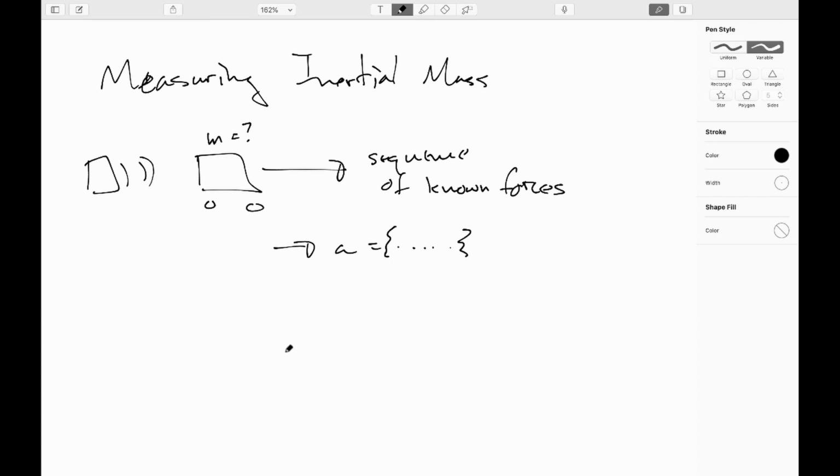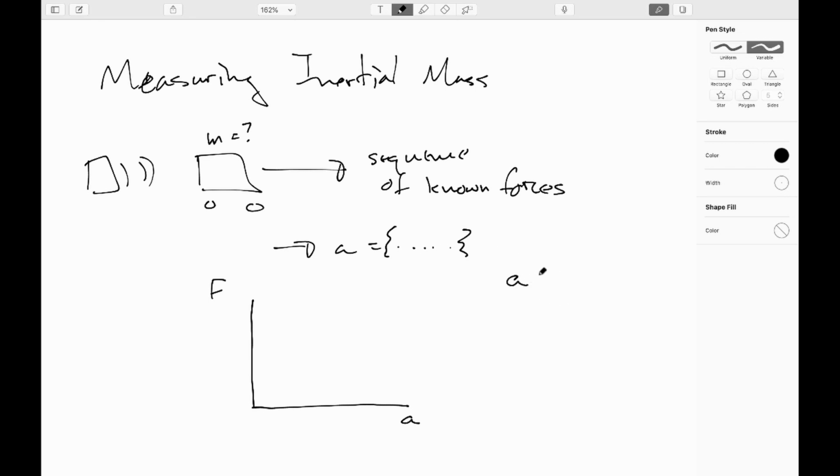All right, so then what you can do is you can make a graph. You could plot your forces against your accelerations. And yes, I know the manipulating variable is the force and the responding variable is the acceleration, but just bear with me here.